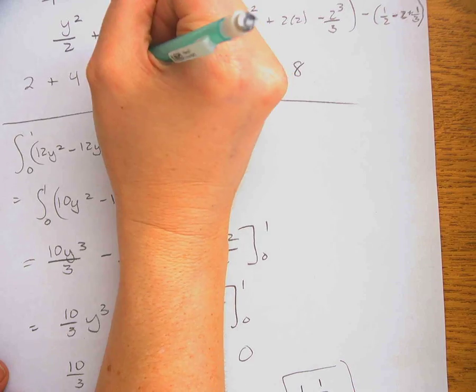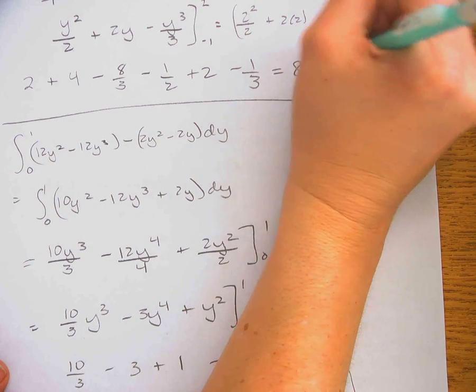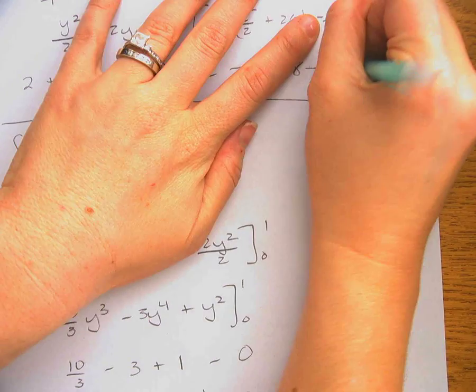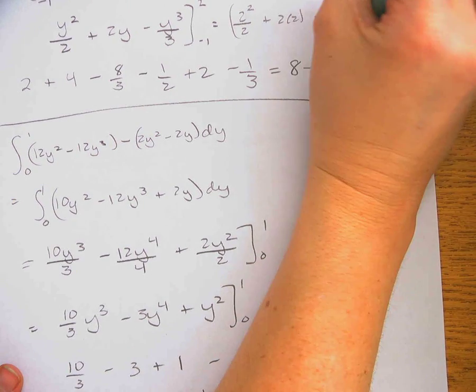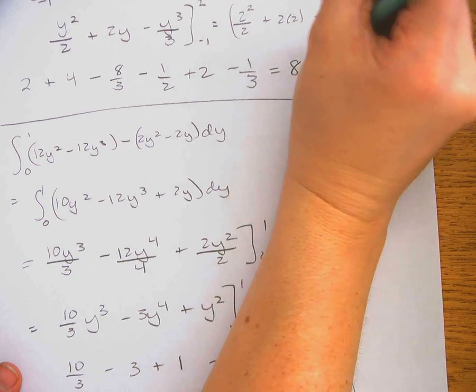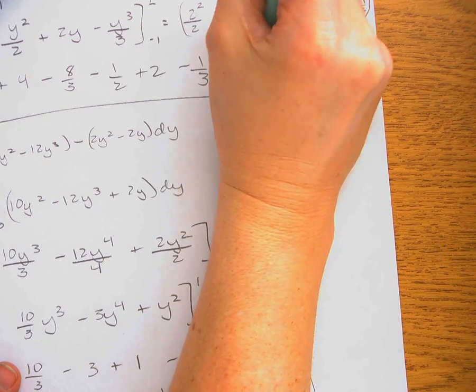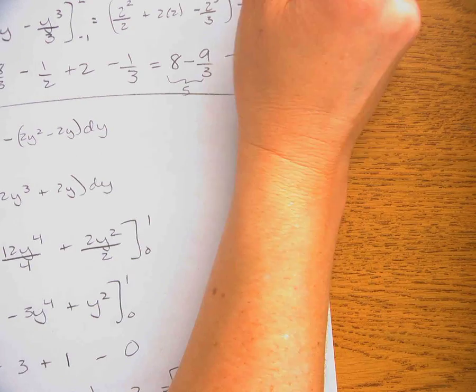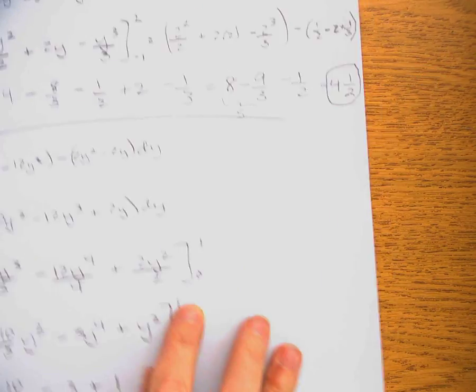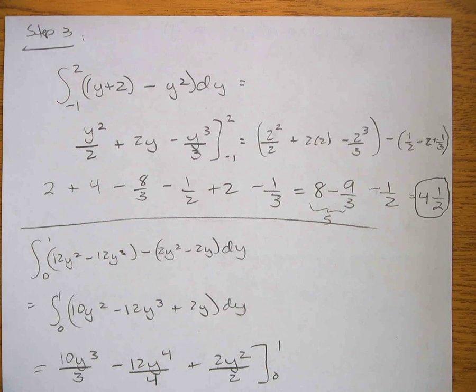And then -8/3 minus 1/3 is going to make -9/3. And then minus 1/2. And then this becomes 3. So I have 8 minus 3 is 5. Minus 1/2 is 4.5. Okay, and that's our final answer for example 7.